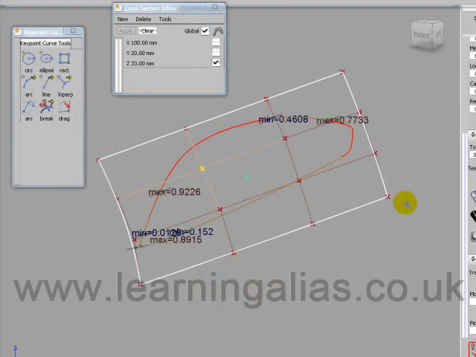Okay, so we're less than 1mm, which is the accuracy we'd work to if we were working from a mesh, so I'm happy with that.